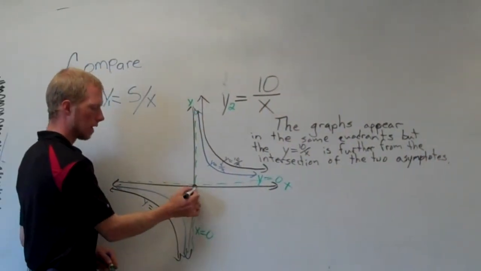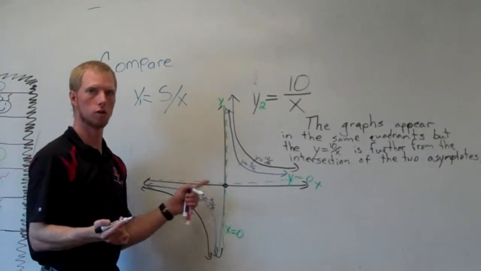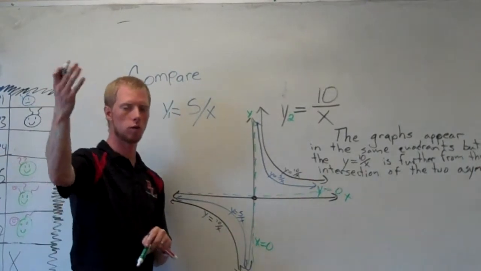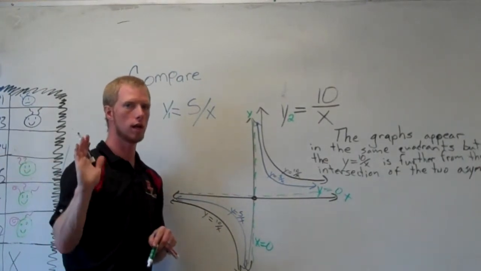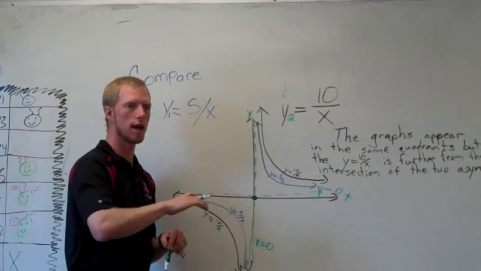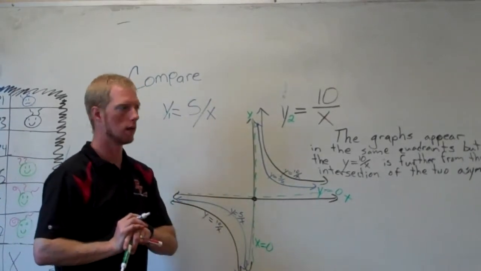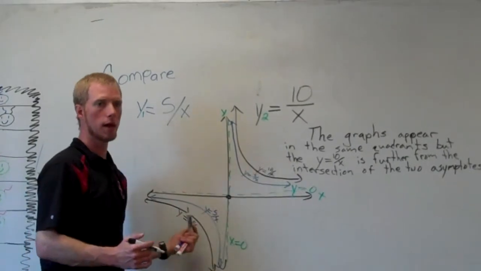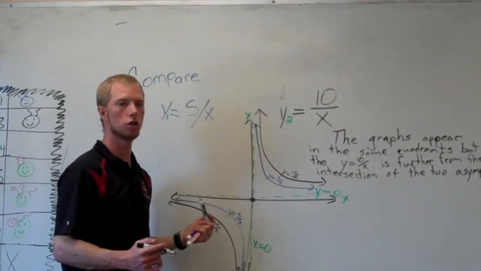The intersection of the two asymptotes here happens to be the origin, happens to be 0, 0. It will not always be 0, 0, as we saw in our example over there. It actually translated and shifted down to -6, -1. But this description is a comparison of these two functions.